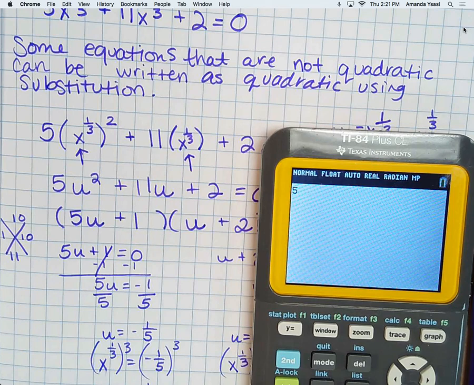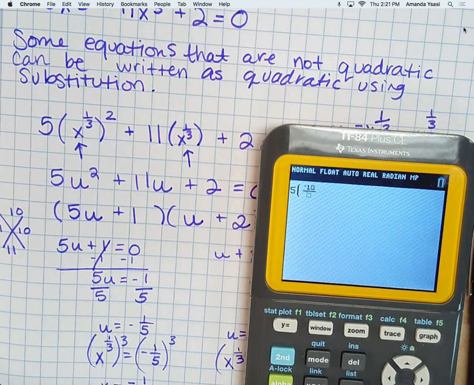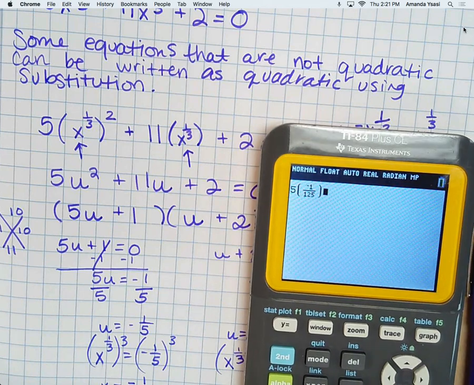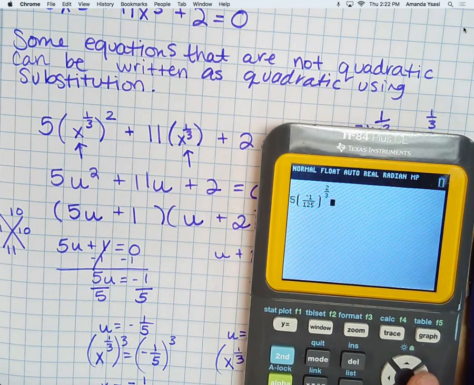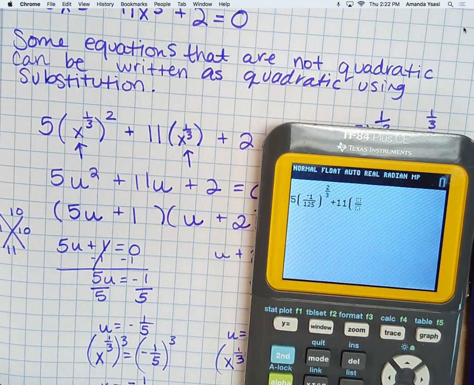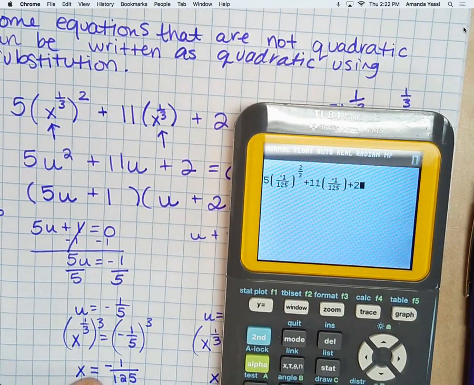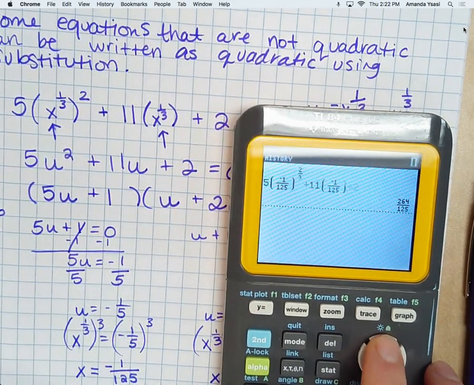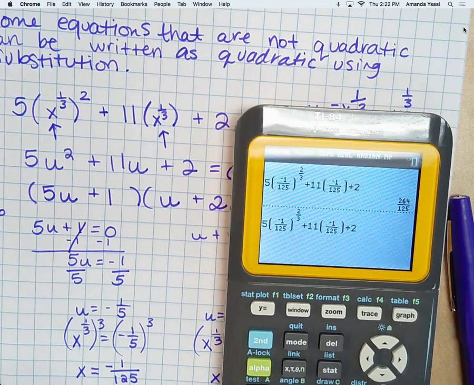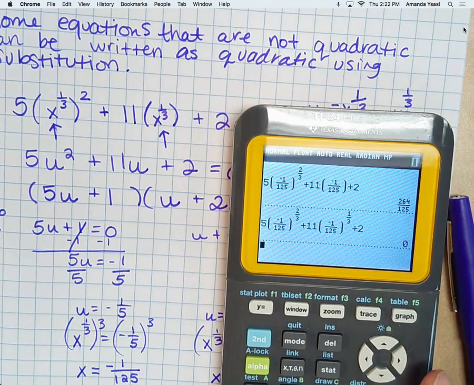So you're going to do 5 parentheses, and I'm going to put in the first answer that we got, the -1 over 125, raised to the 2/3 power, plus 11, and then again the -1 over 125, raised to the 1/3 power, plus 2. Because I didn't do the 1/3 power at first, right? Okay, there we go.